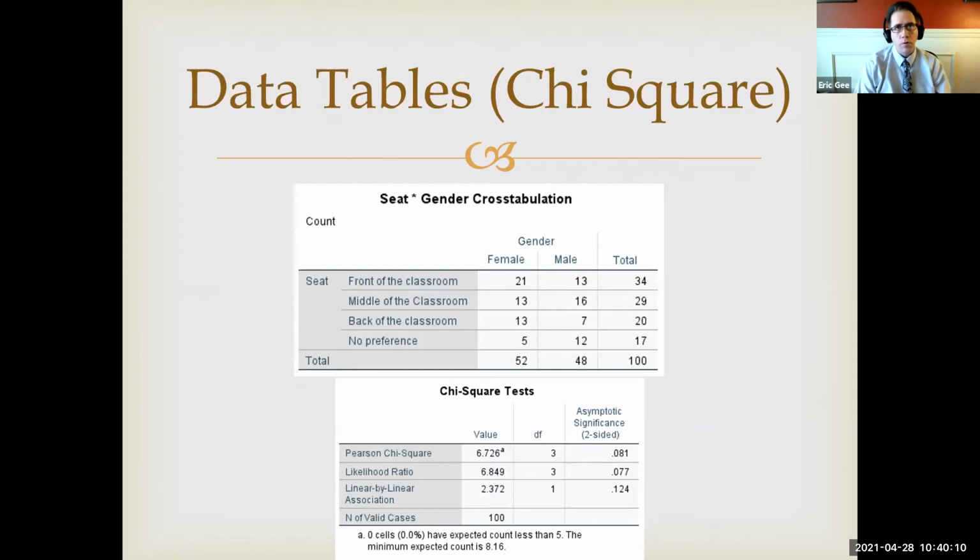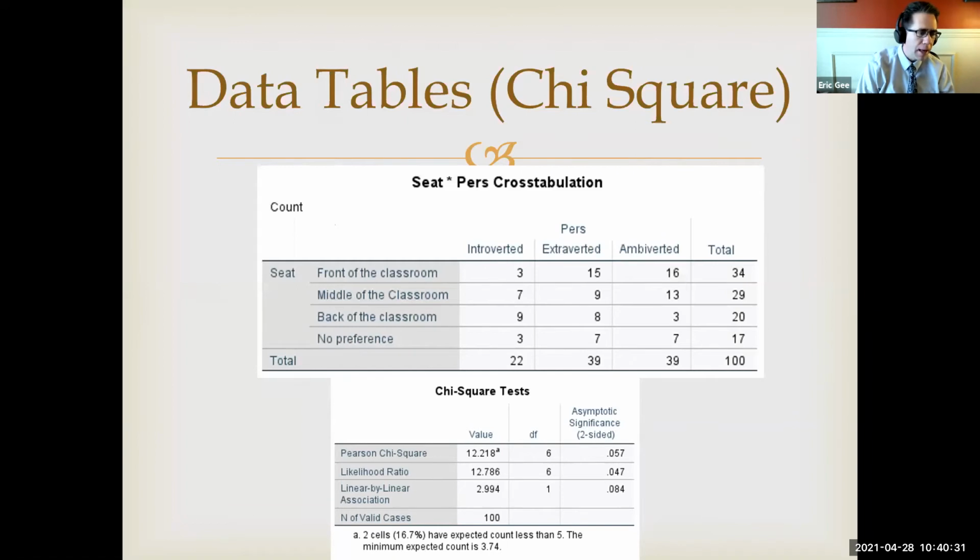Again, the cutoff point is usually 0.05. So that's 0.08, so it's not quite at the cutoff point. So we're not quite there yet, but certainly there would be some indications that we have some preferences that are impacted by gender. Okay. Now the next one here is personality. So that's the introverted, extroverted, and ambiverted.